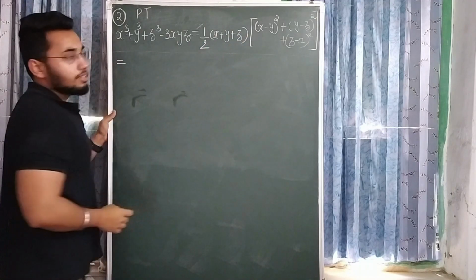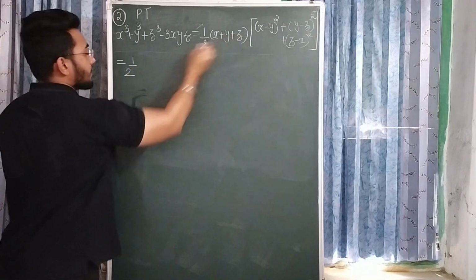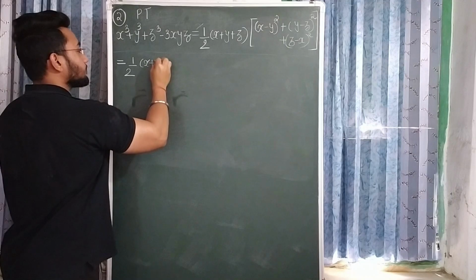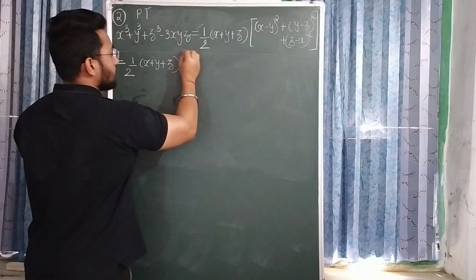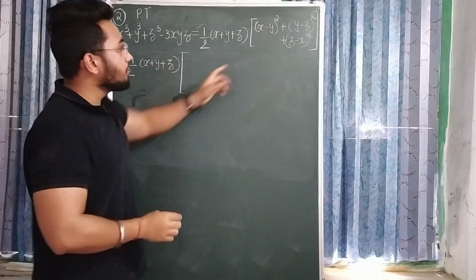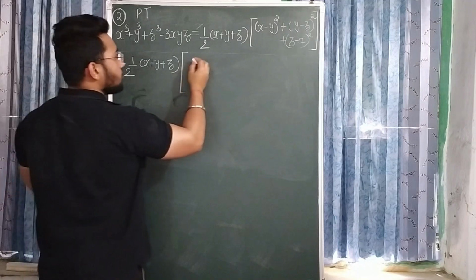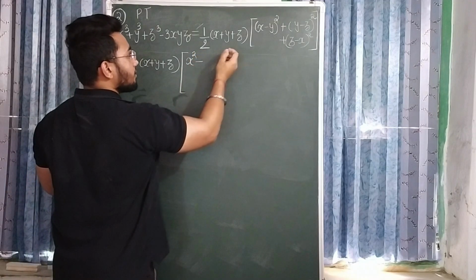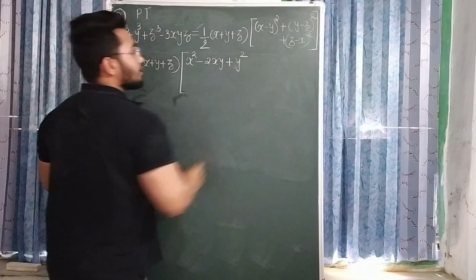This is your right hand side, then you have to write here RHS, then start half x plus y plus z. Now we have to open these brackets. Here is x minus y the whole square. So when we open this, it will become x square minus 2xy plus y square.